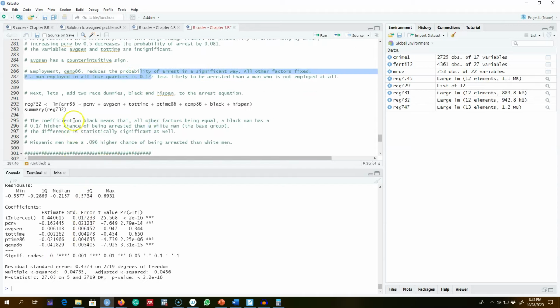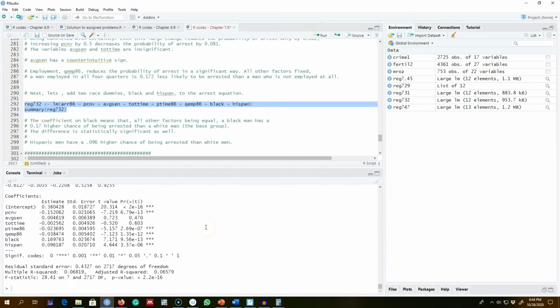So next, I'm going to include these race variables in the model and regress this model. Again, our dependent variable is a binary variable, and we can easily include other dummy variables as explanatory variables in this equation. So here are the results. These are some of the interesting results.